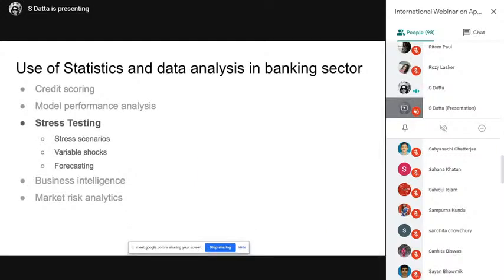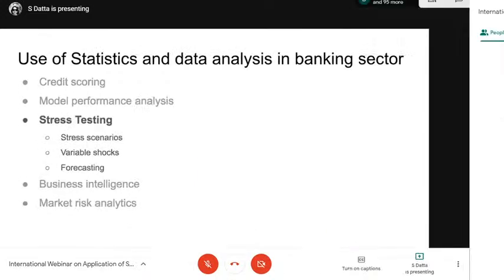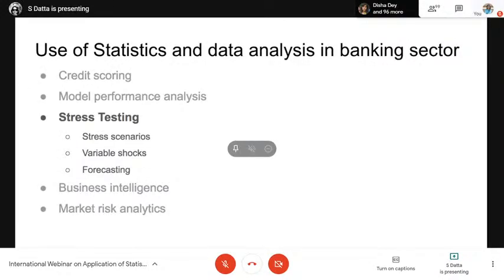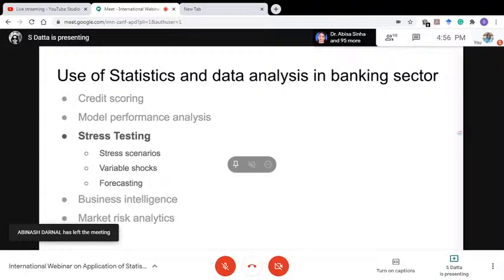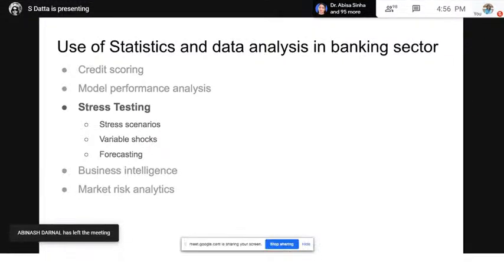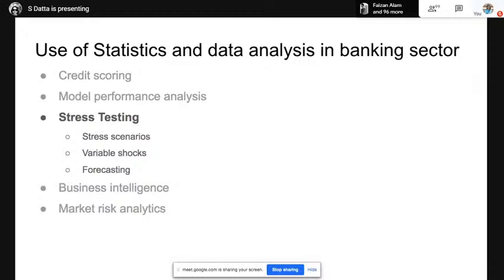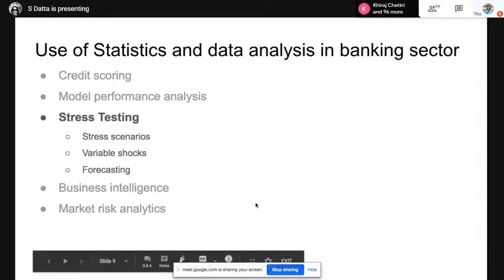How is that impacting your losses or your profits? So you can say that under a stress scenario, I expect that we might lose up to, say, $100 million or something. That would be something you need to use in your capital calculation. So that's something where statistics is used.